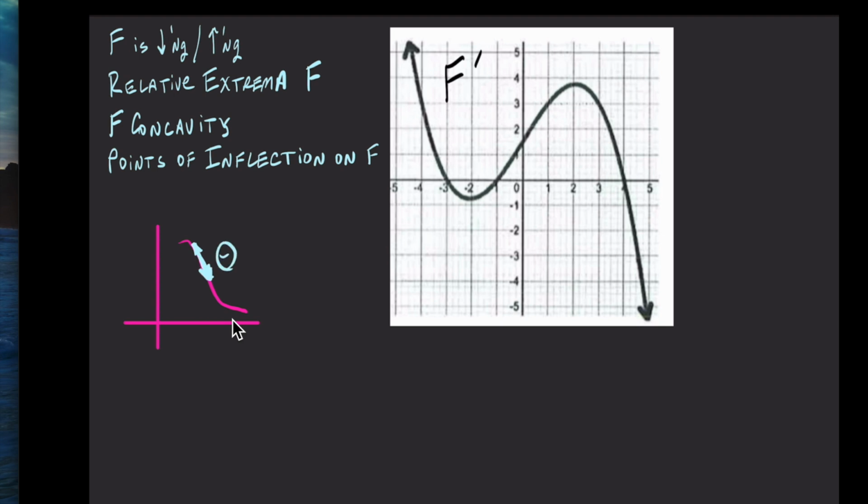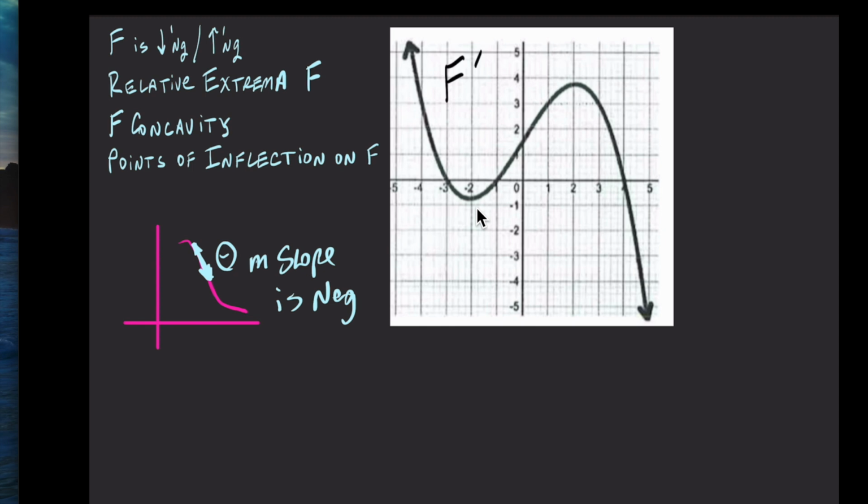It's negative. So if the slope of f is negative and the slope of f manifests in the y value on f prime, then we know anywhere the graph of f is decreasing, you have to have a negative slope, which means a negative y value for f prime.